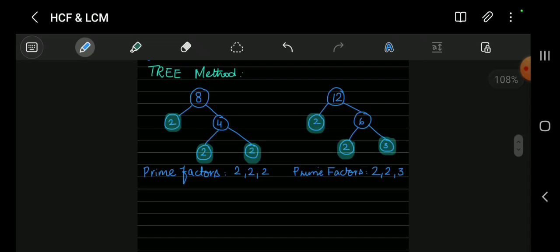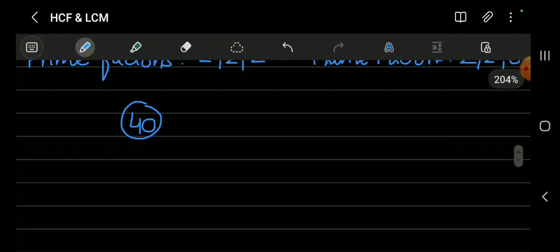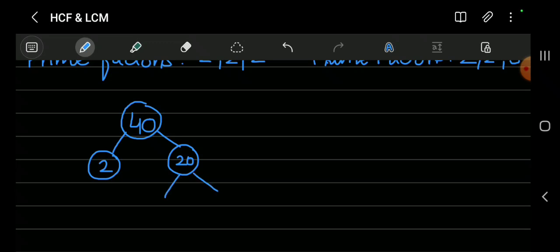Good one. Okay, let's try this method for some bigger numbers. Let's think of the number 40. 40 will be broken into two parts like I do normally. I use the number 2: 2 times 20 is 40. Then you have 2 times 10 is 20.